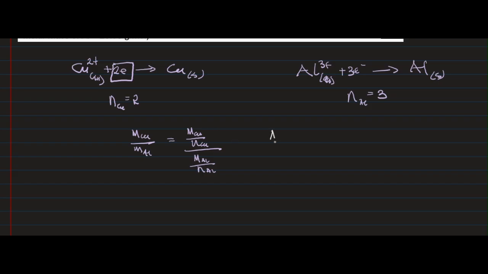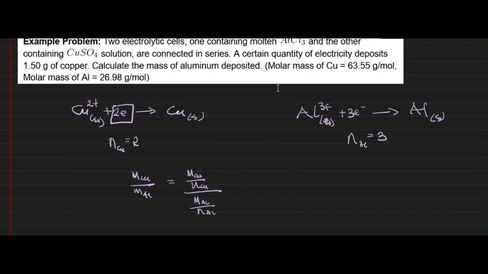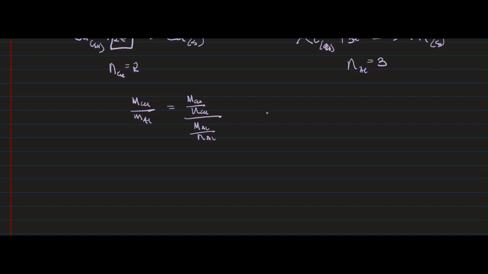And that is the mass, small letter m please, not capital letter M. So mass of aluminum deposited divided by mass of copper deposited equals the equivalent weight of aluminum, which is the molar mass of aluminum divided by the number of moles of electrons that deposited aluminum, everything divided by the molar mass of copper divided by the number of moles of electrons that deposited copper.